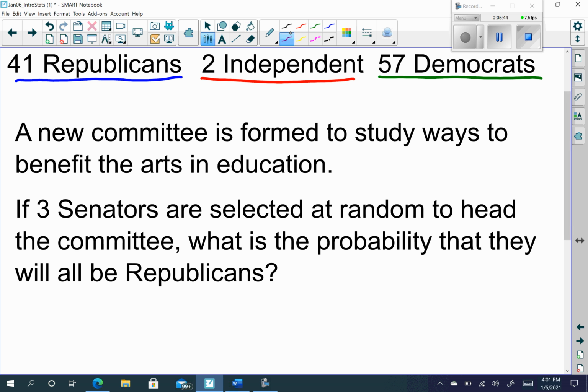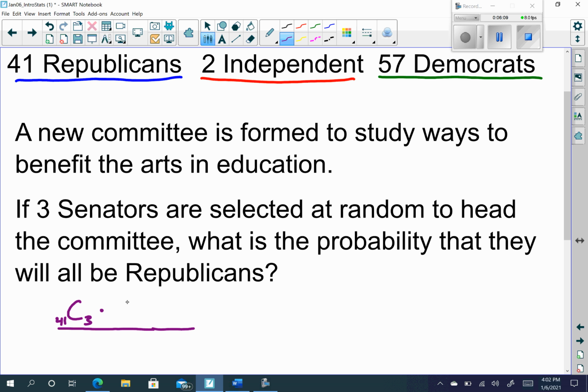Now, since we have 3 categories here, we're just going to set up 3 multiplication parts in our numerator. So again, just like before, we'll have a fraction. So let's start with the Republicans. We want them to all be Republicans, so we're picking 3 of them. So from the 41 Republicans, we're going to choose 3. That just means from the other 2, we're not going to pick any.